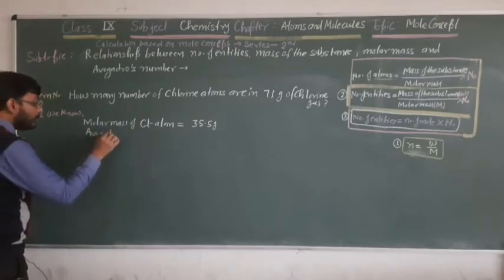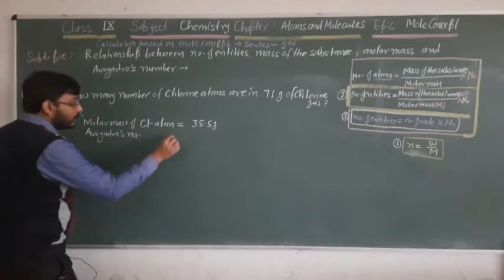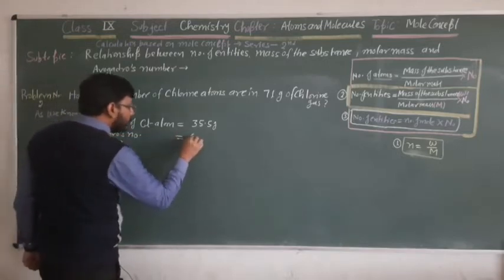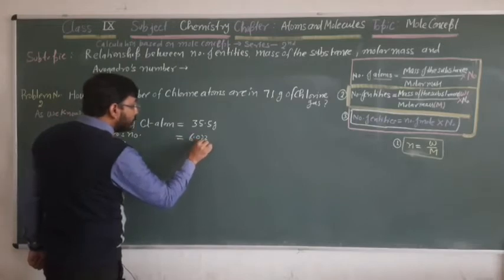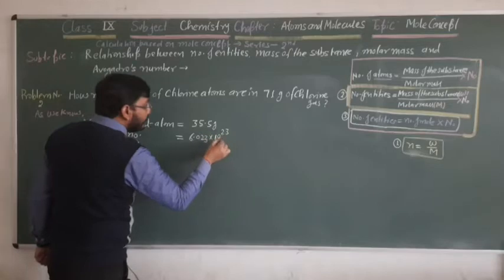Avogadro's number is equal to 6.022 into 10 to the power 23.